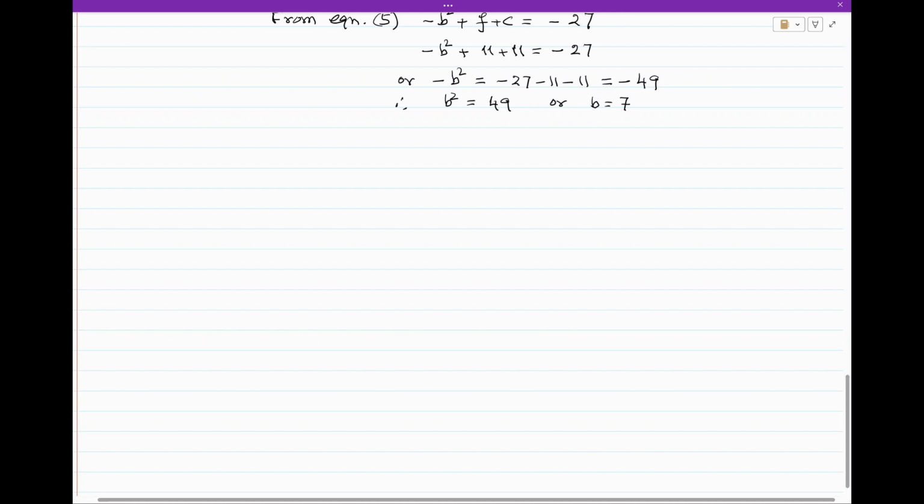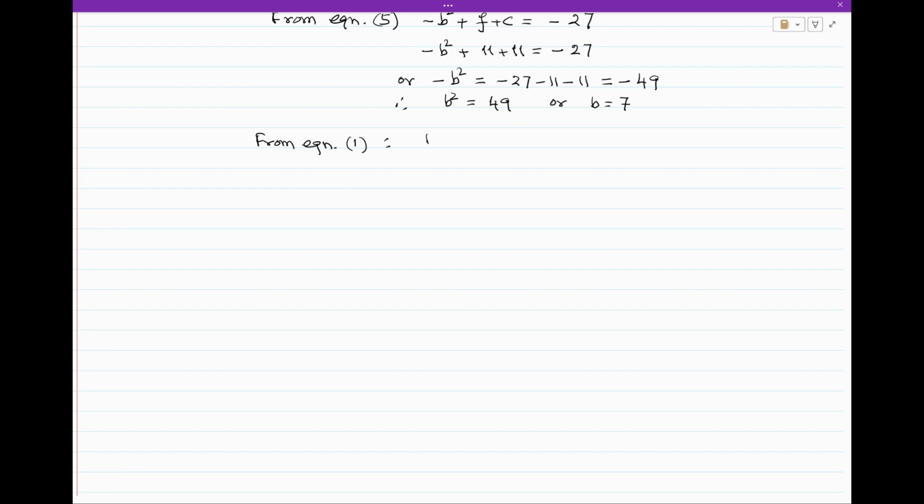And from equation 1 we know that b plus e is equal to 0. Therefore, e is equal to minus b, and that is equal to minus 7.